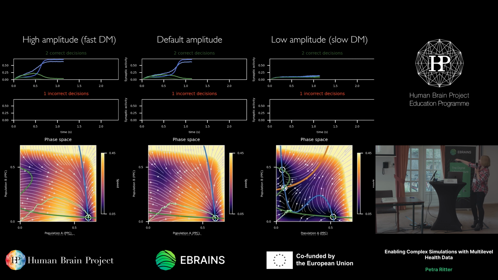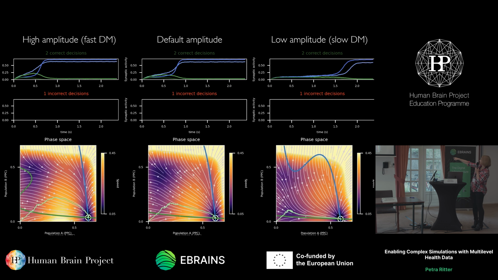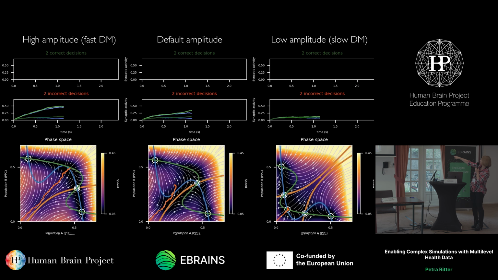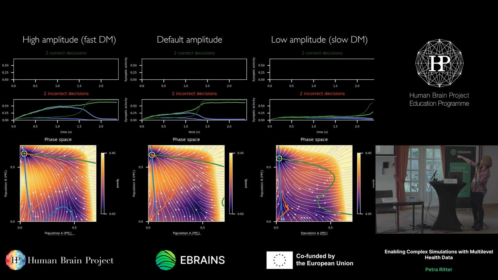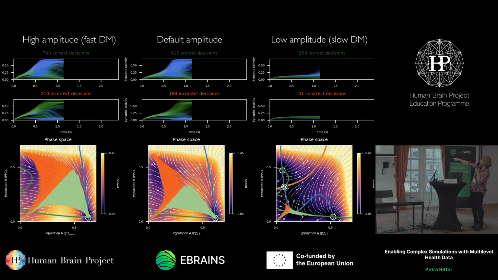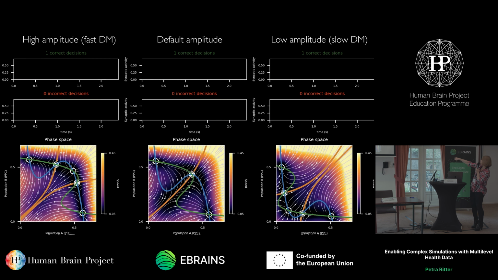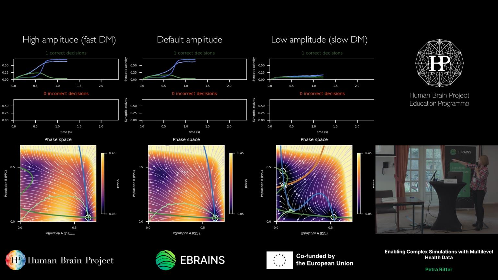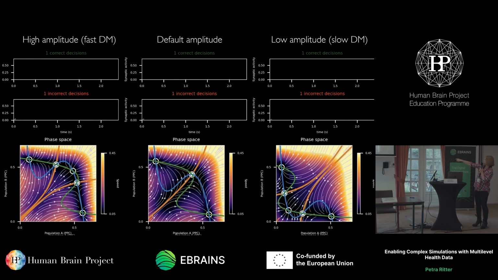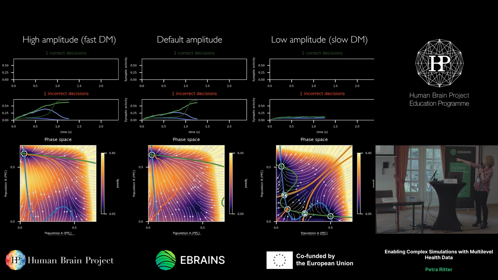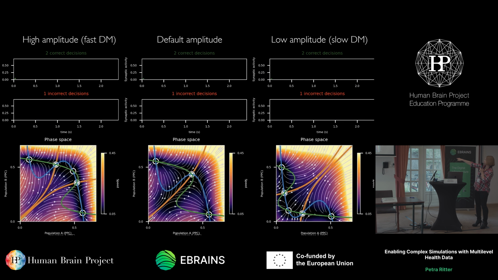And I'm really sorry that it is so difficult to see, but what you see here are the time courses of the correct decisions for each scenario, and here the time courses of the populations that lead to the incorrect decisions. And we did 1,000 simulations, and here you see overlaid all the responses that led to correct decisions and to incorrect decisions.